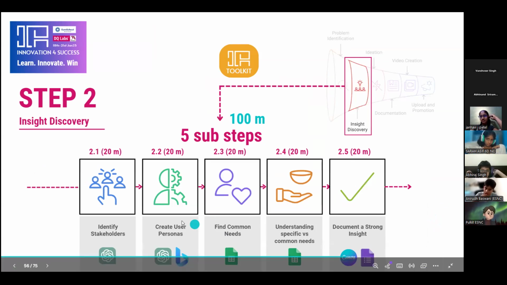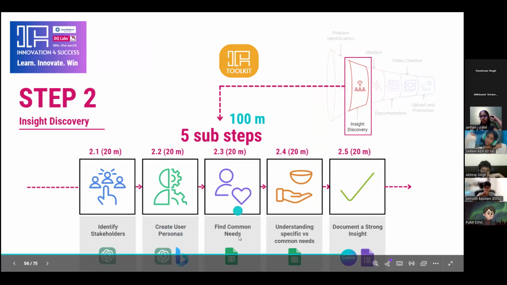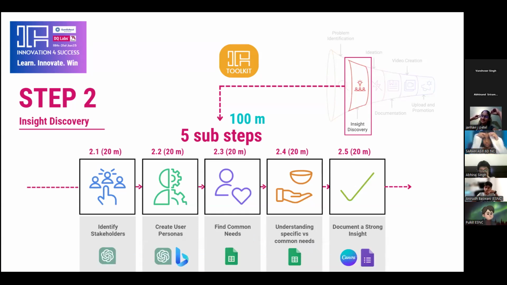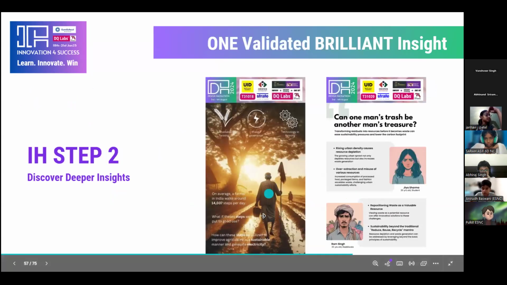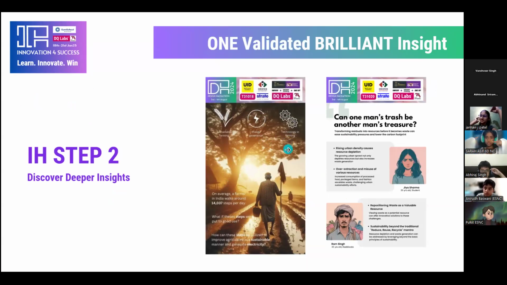So once you create the user persona, you'll have to find some common needs. That is, what do the users require for this problem to be solved? So, for example, here, for the farmer, they would require technology to be incorporated in farming to help them, or they would require a sustainable way of farming which can help them in this way.